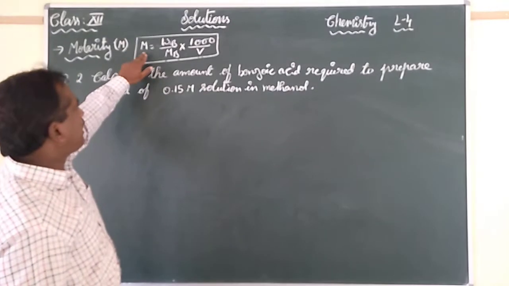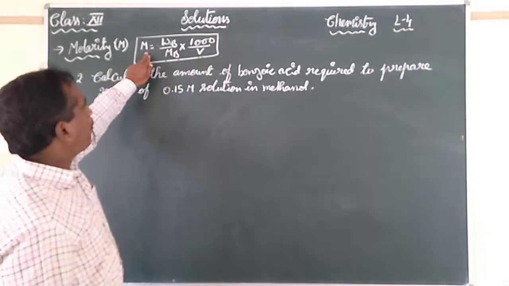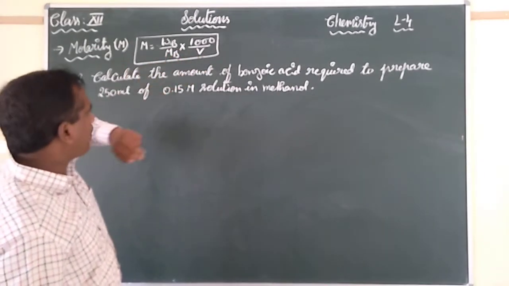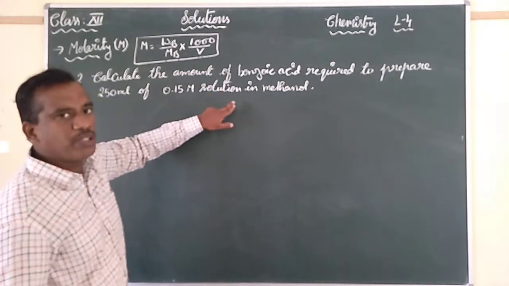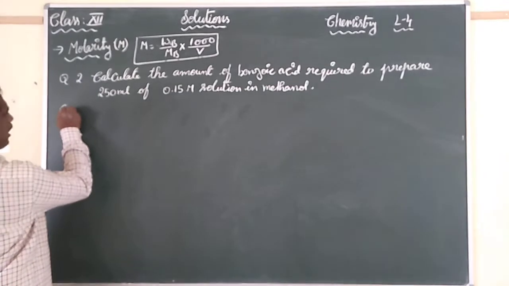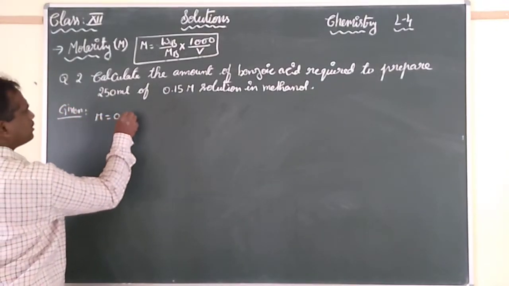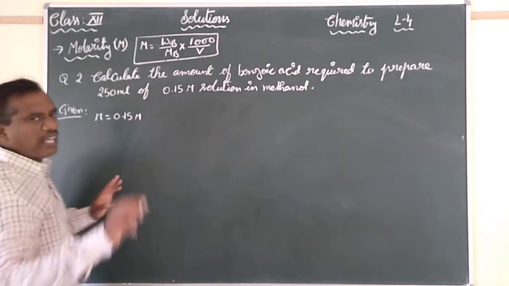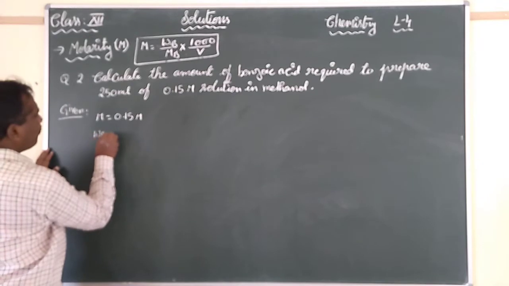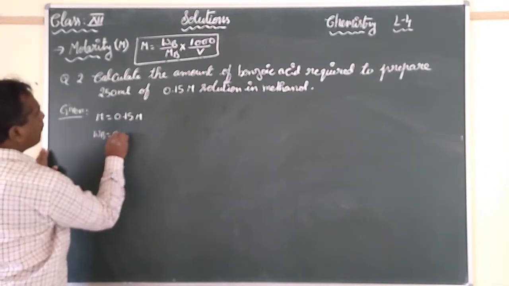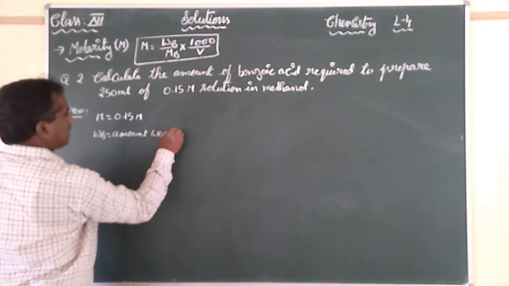We know the molarity is equal to WB by MB into 1000 by V. When we see the question, 250 ml of 0.15 M solution is mentioned. Means the given molarity is 0.15 M. WB is the amount of benzoic acid, that is the weight of benzoic acid.